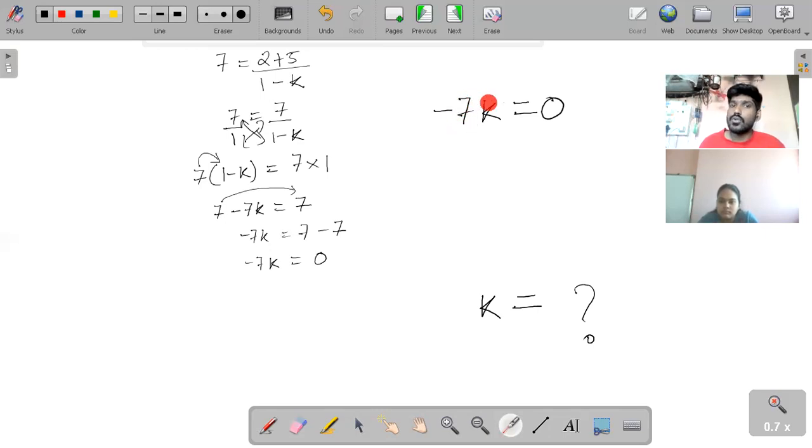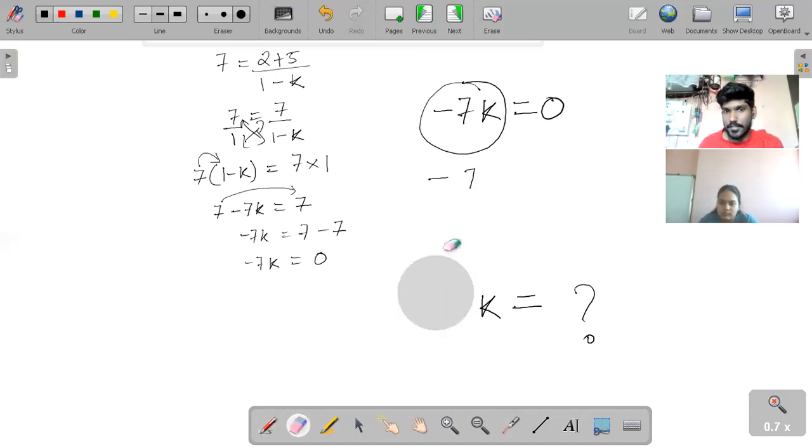What operation can you do to remove this minus 7? You will take the entire term? No, only minus 7. If you take only minus 7 on the other side, then it will become division. So how will that become? How to write it? Can you tell me?